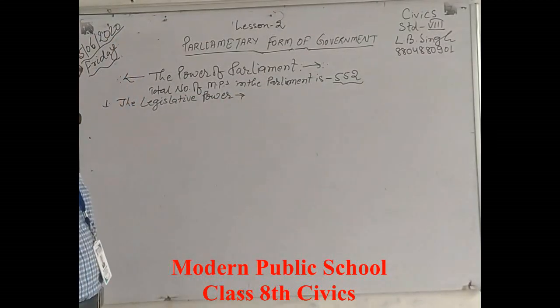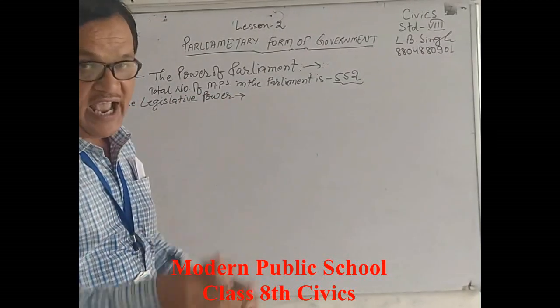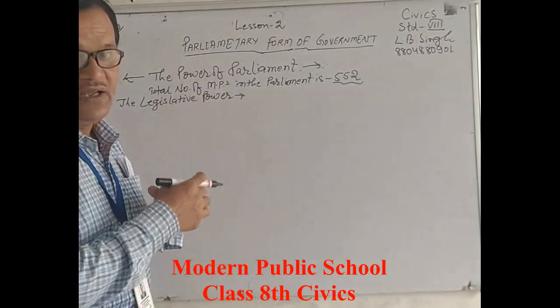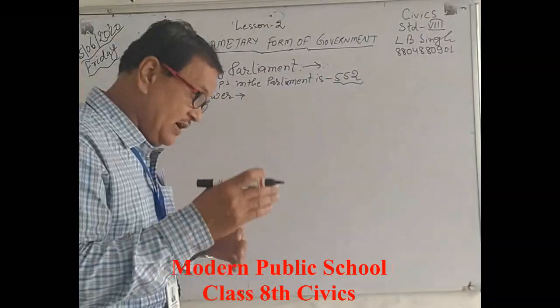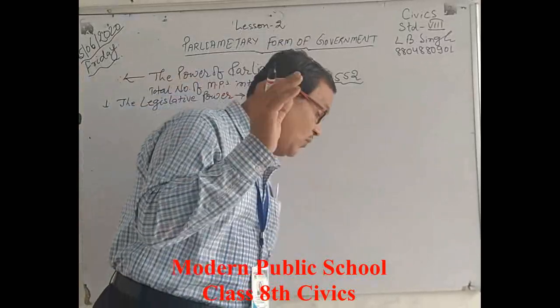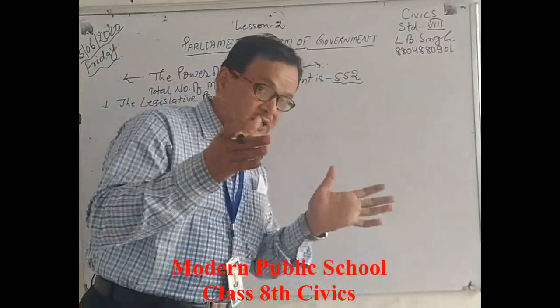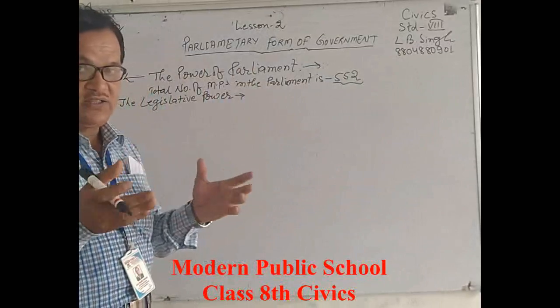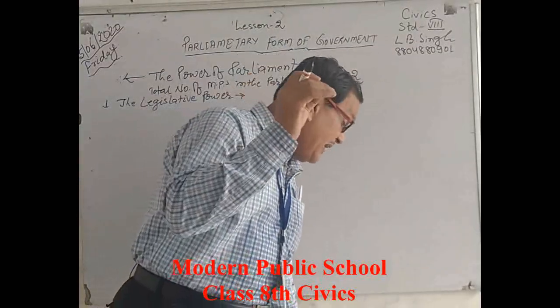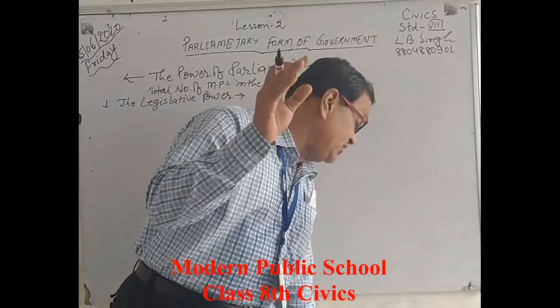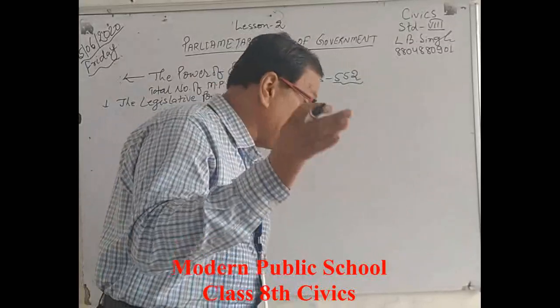Legislative power means parliament has the right to make laws for the concurrent list and the union list. Both are essential for the parliament. That means it makes laws for the union list or the concurrent list.